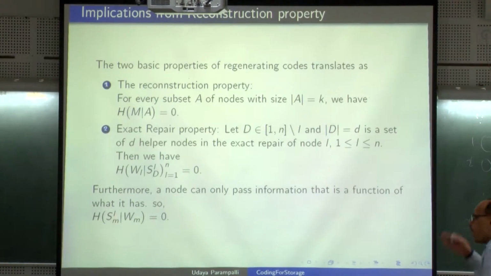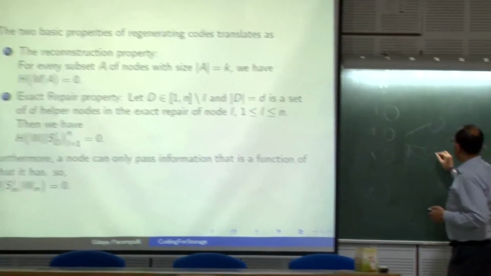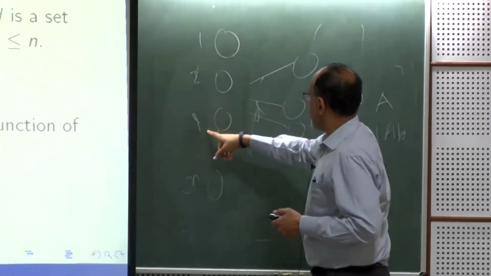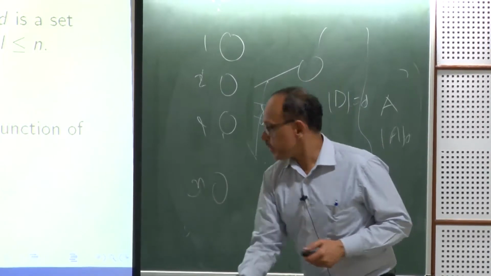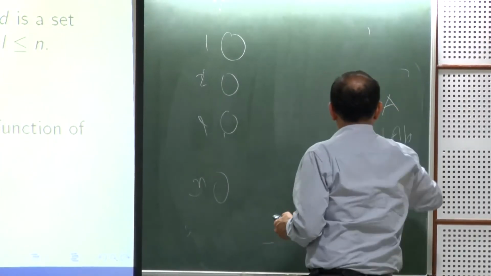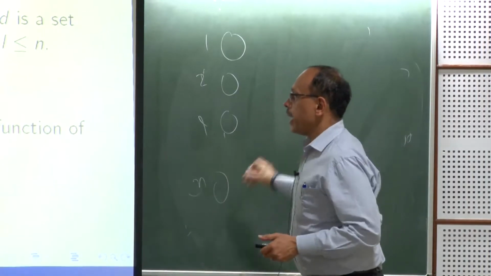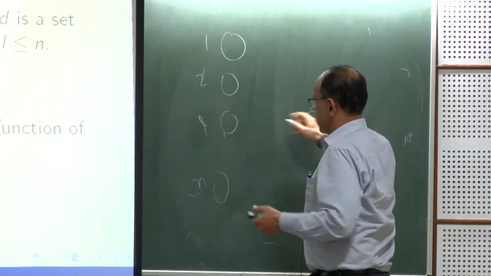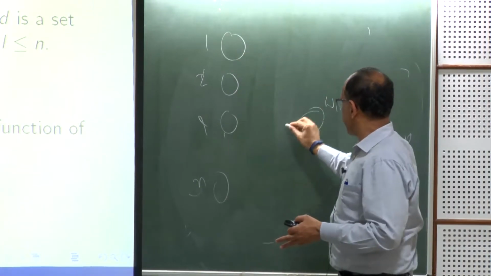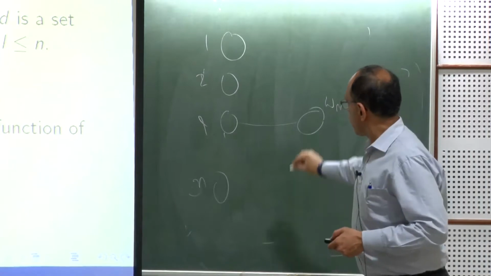So let us take some variable number m, in fact this is true for all m, and say this is the variable that is passed from m to L. One of them is L and one of them is WM. Each time it can only pass beta.